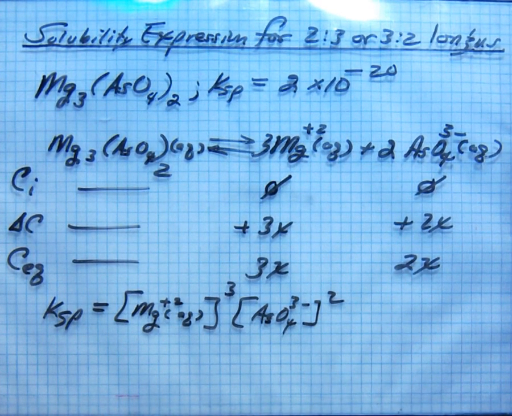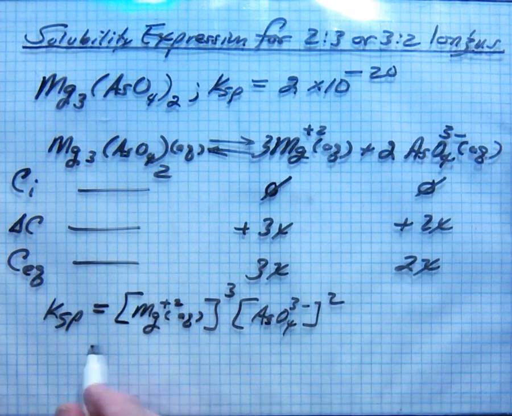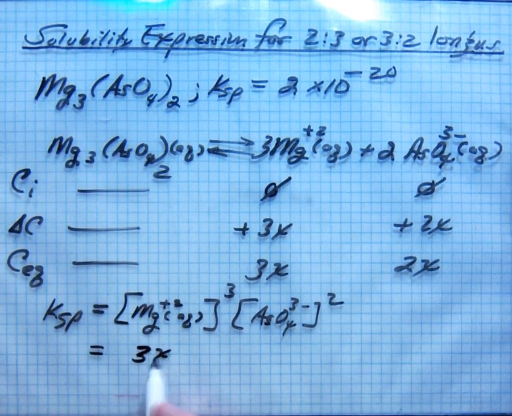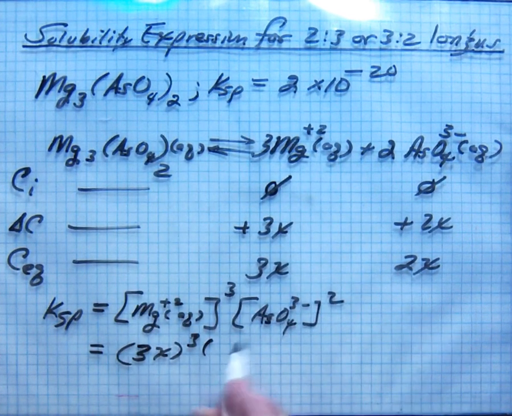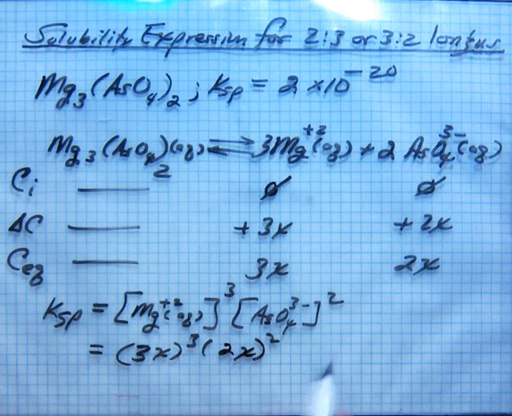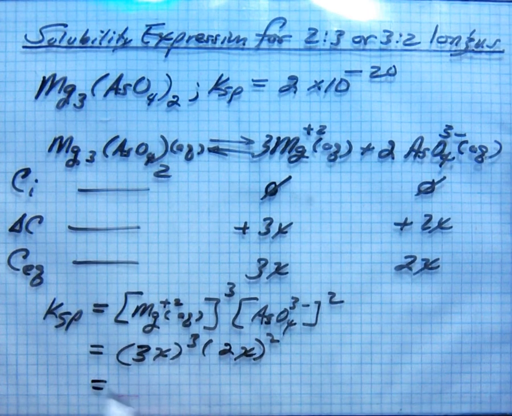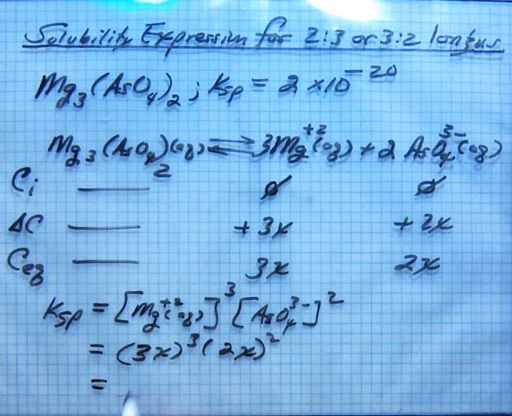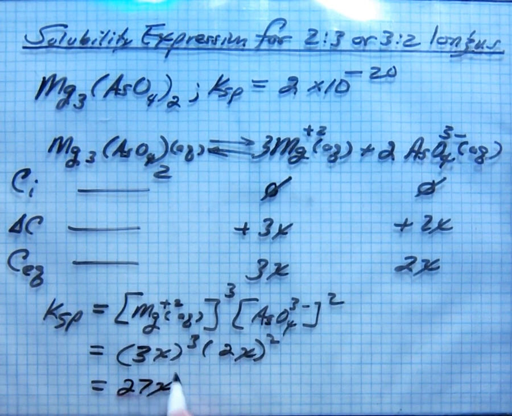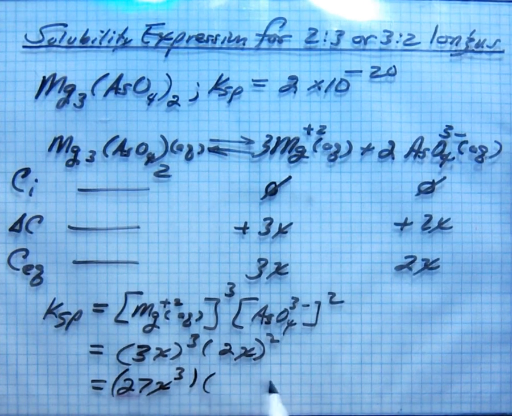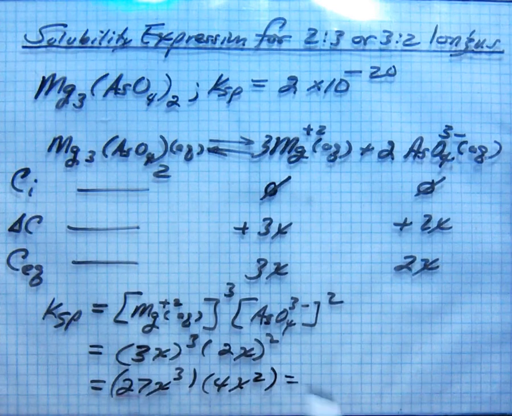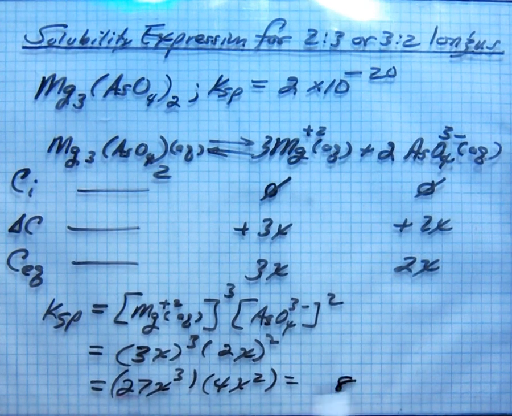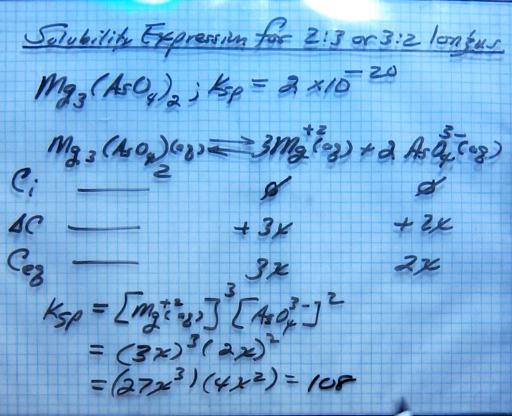So we substitute the equilibrium row. We have a 3x cubed for the magnesium, and we have a 2x squared for the arsenate, which 3 to the 3 is 27 x cubed times 4x squared, and that's going to be 108 x to the 5th.